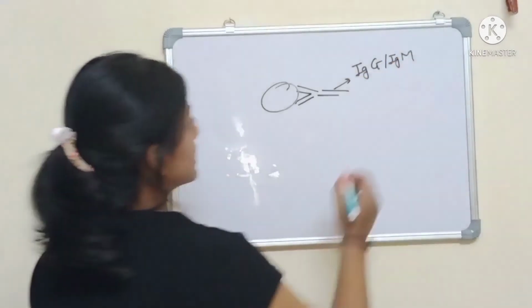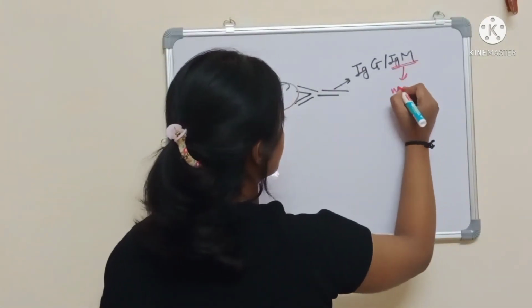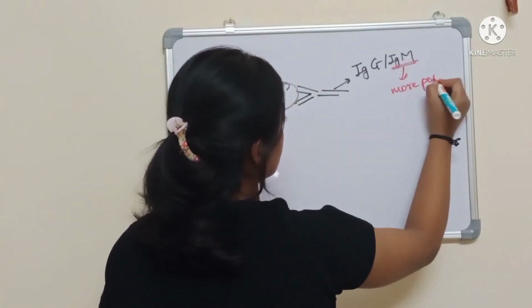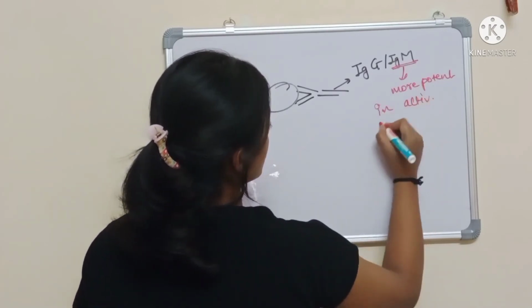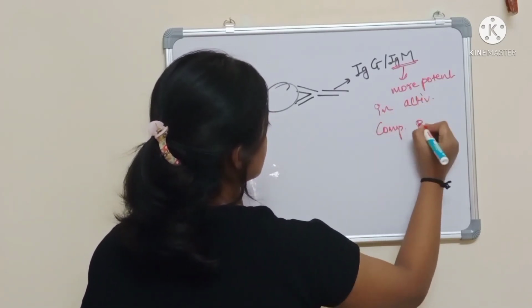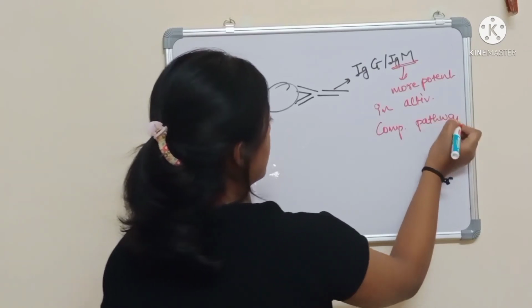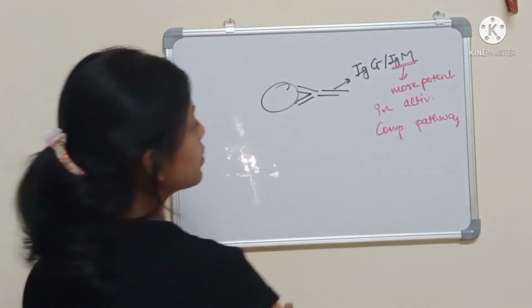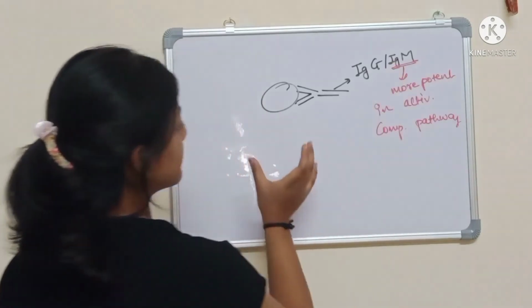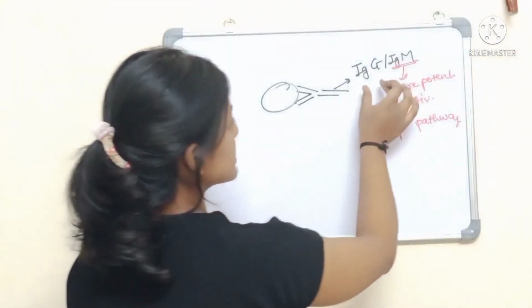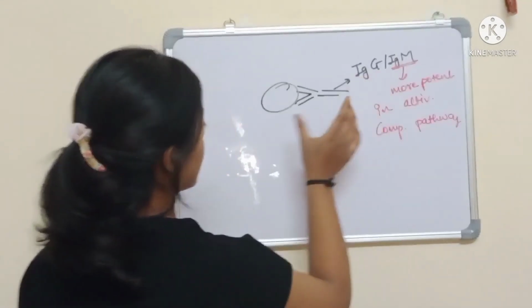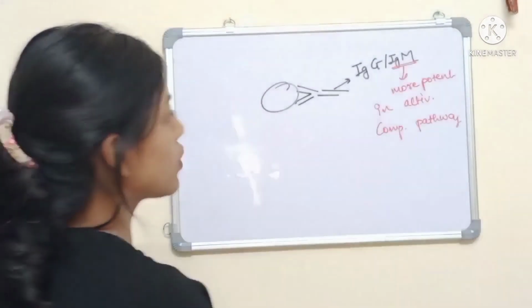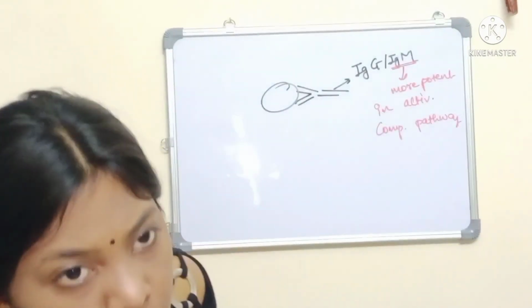So I am saying that IgM is more potent in activating the complement pathway as compared to IgG, because only one molecule of IgM is required to activate the complement system, whereas in case of IgG, 2 molecules of IgG are required. So IgM is more potent.